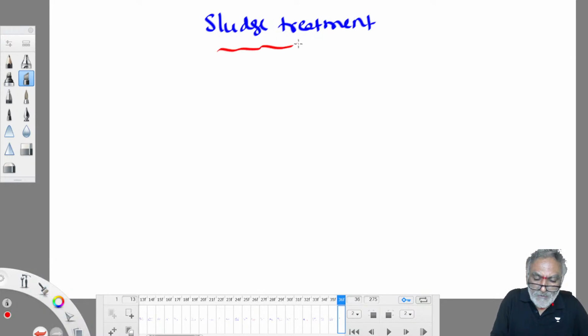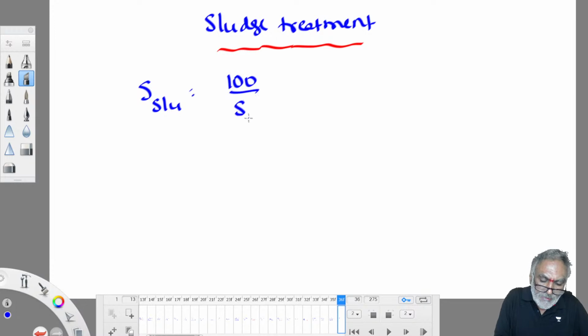In sludge treatment, the first thing is how to work out specific gravity of sludge. Specific gravity of sludge is equal to 100 by specific gravity of solids plus... how to work out specific gravity of sludge?